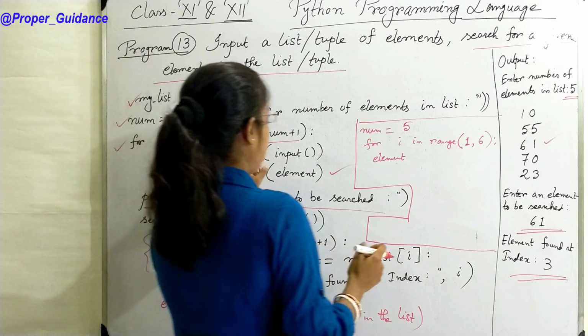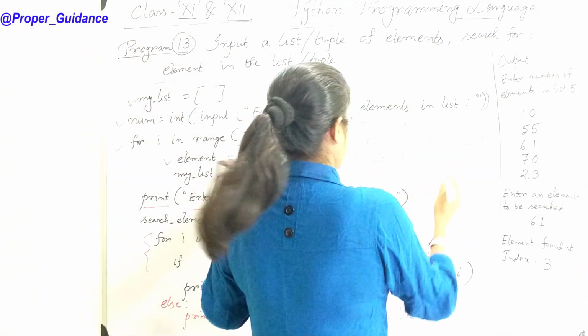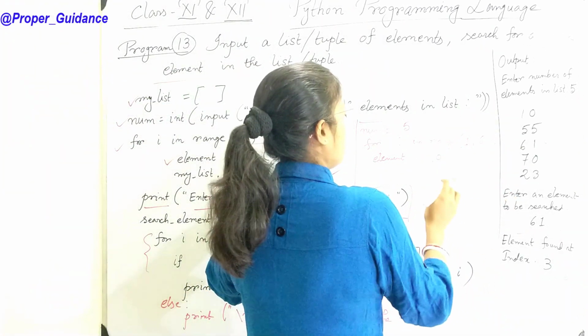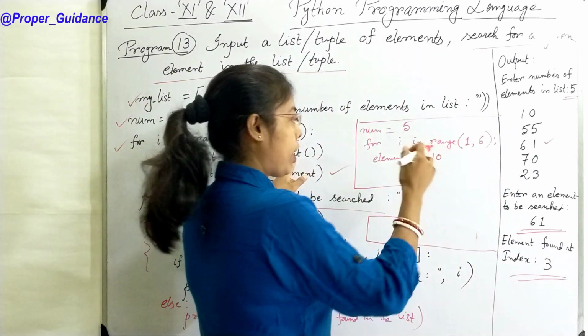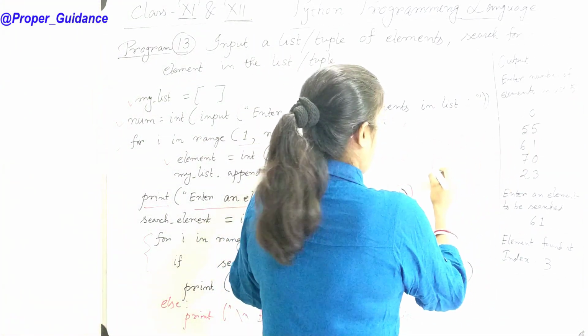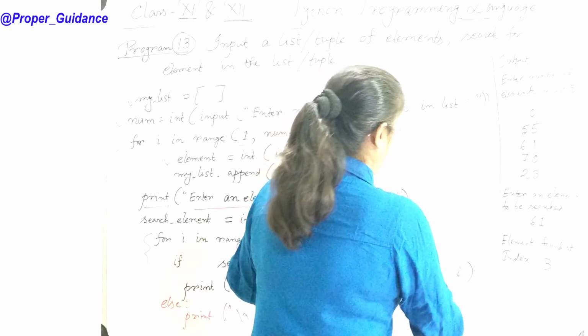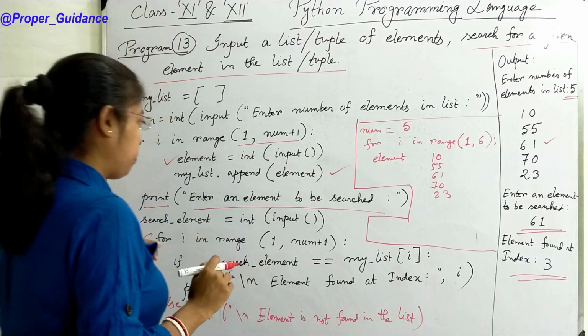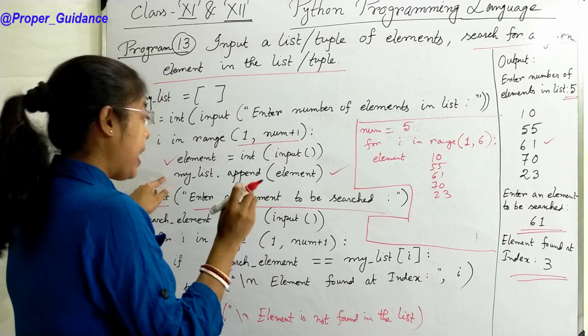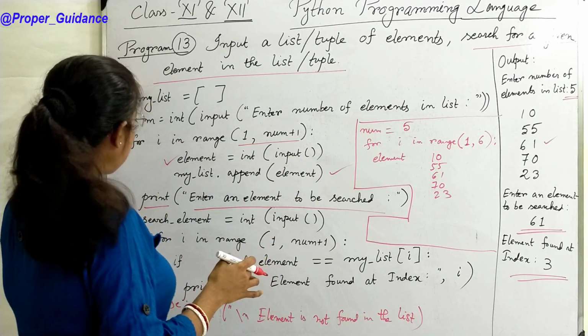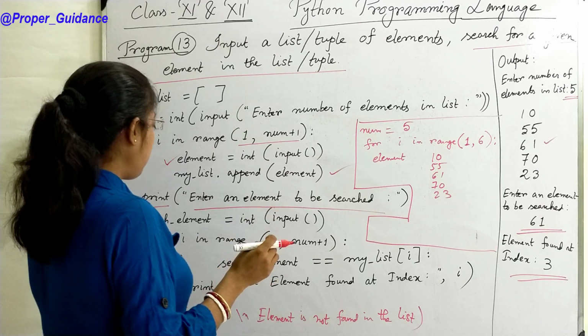The input method helps to input all these numbers. How does it work? The first element I am giving here is 10. So first 10 will be entered by input 1. Again it will give you the place to give the input again. So 55, 61, 70 and 23. 5 elements are user input, and then it will append them to the list. Here the name of the list is my list as the variable name.